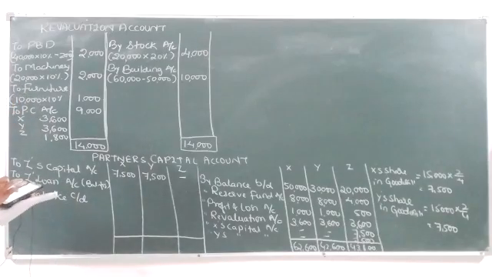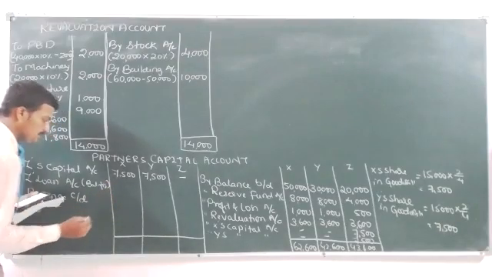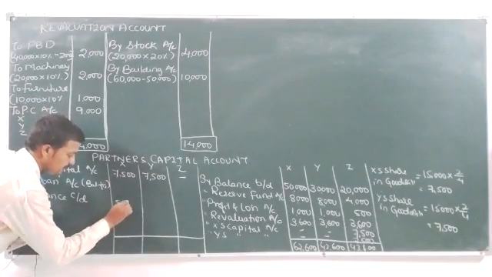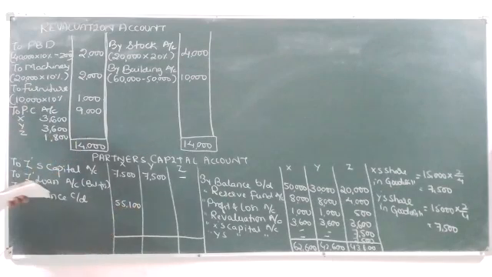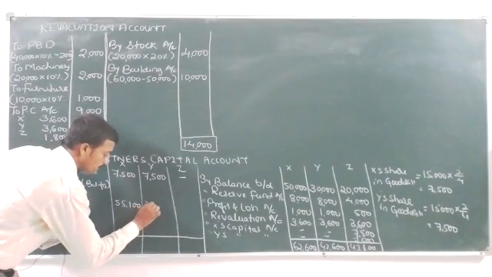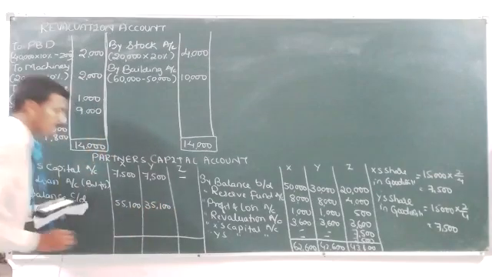Now, first 62,600 minus 7,500 will be here 55,100. Next, 42,600 minus 7,500 will be equal to 35,100.